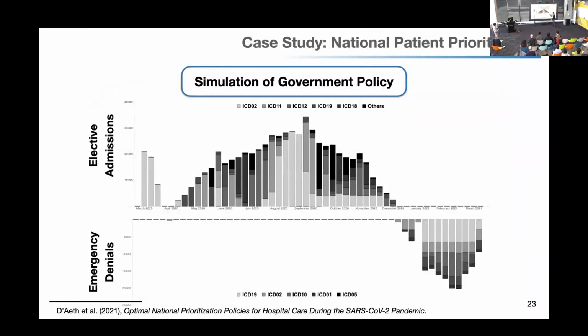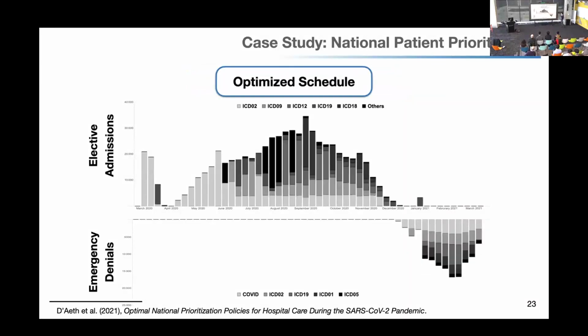But this is our best understanding. During the summer months, England was able to treat some patients electively in 2020. Over the winter months, a large number of patients wanted to go to A&E, accidents and emergency, and were just sent away, either to field hospitals or sent home. And this is what our policy would have done.